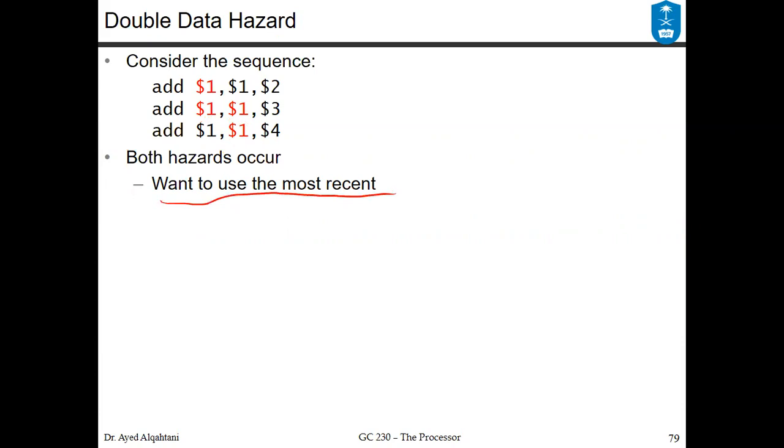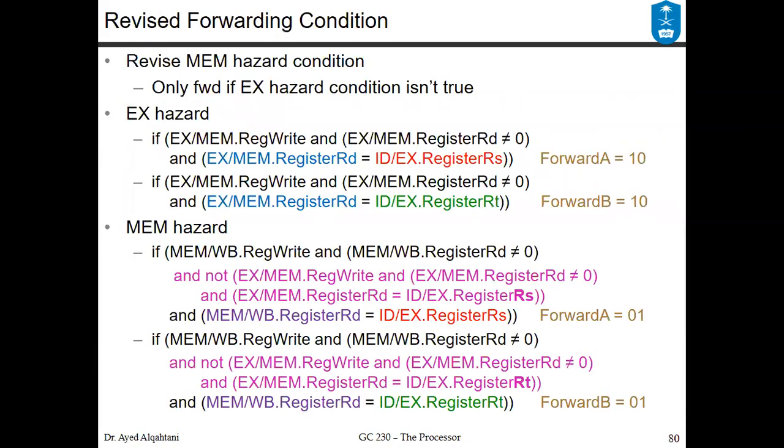And to be able to do this, we will update our conditions. We are adding these two purple lines, which means now the forwarding from ALU to ALU is not affected. The effect happens only if you forward from the memory back to the ALU.